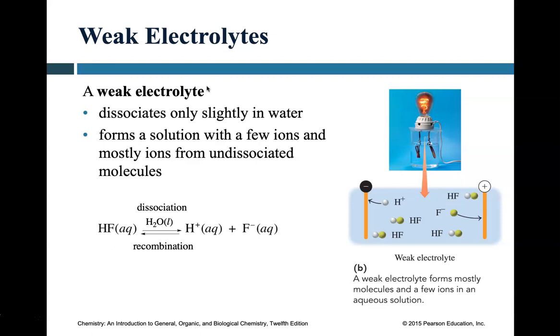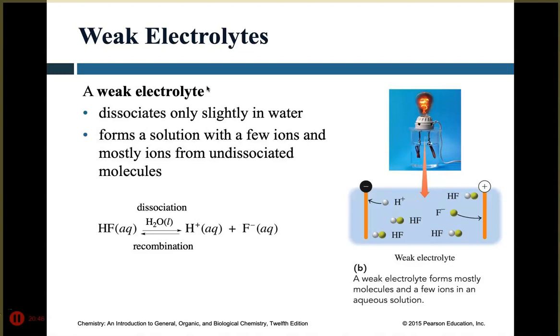For weak electrolytes, they only slightly dissociate in water. And the way we represent that is by this bidirectional arrow. So we see one is going forward, one is going in reverse, and they're dissolving into water. What that means is it is less than 100% dissociated.